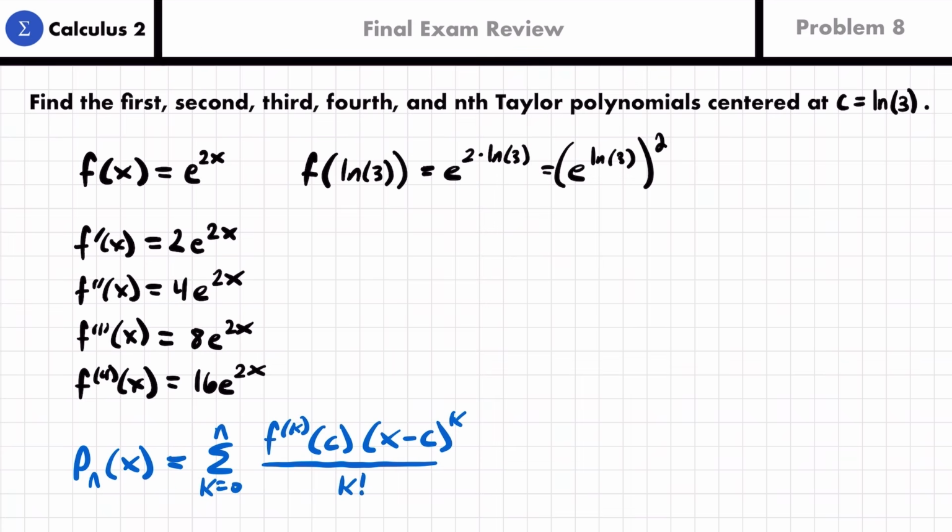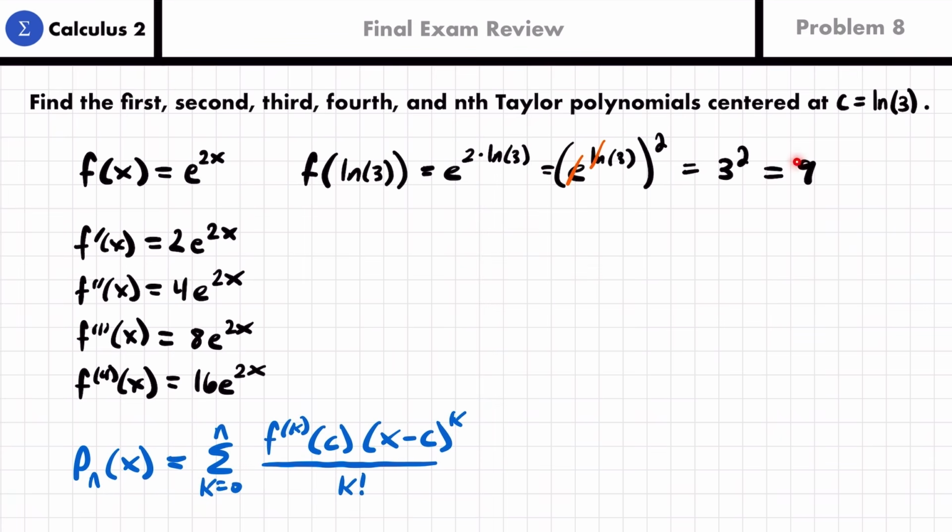And that's the same thing, because when you have a value raised to an exponent raised to an exponent, the way you simplify that is by multiplying those exponents, right? So this would simplify to 2 times the natural log of 3 as the exponent of e. But writing it in this way allows us to make a nice simplification. e and the natural log are inverse functions, so they cancel each other out, just leaving you with that 3. Okay, so what this becomes is 3 to the power of 2, or 3 squared, which is equal to 9.